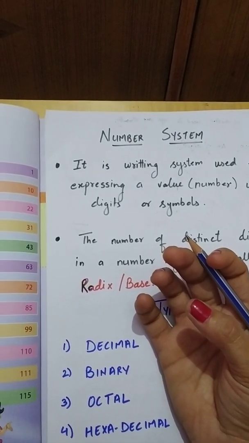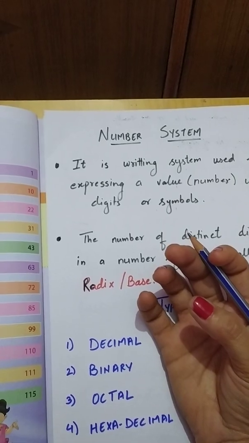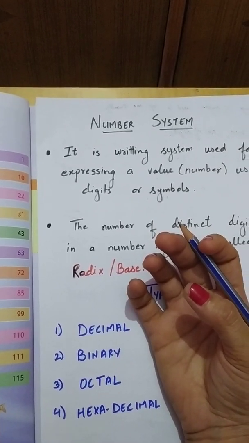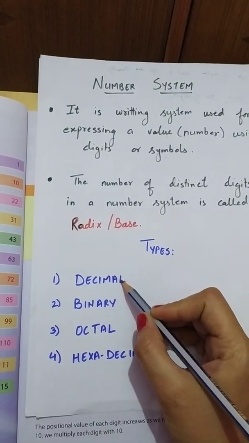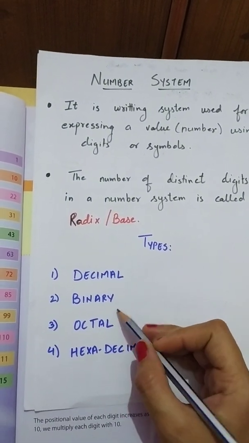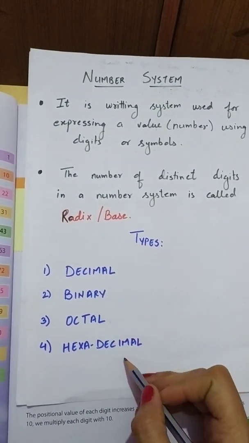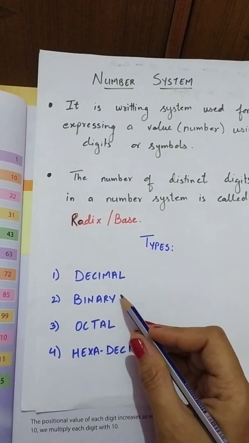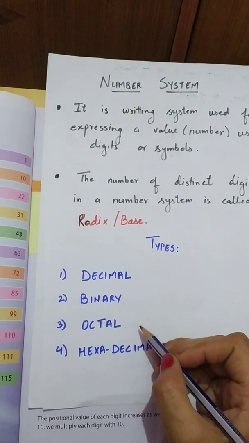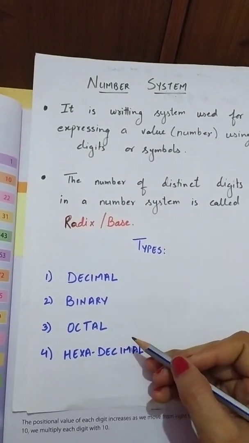So, with the passage of time, many number systems were introduced, and they were the decimal number system, binary number system, octal number system and hexadecimal number system. In this chapter, we are going to define all these four number systems and even their conversions.